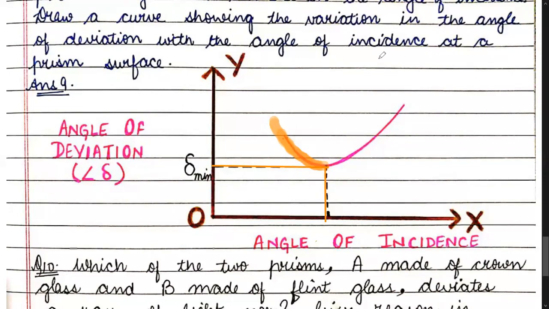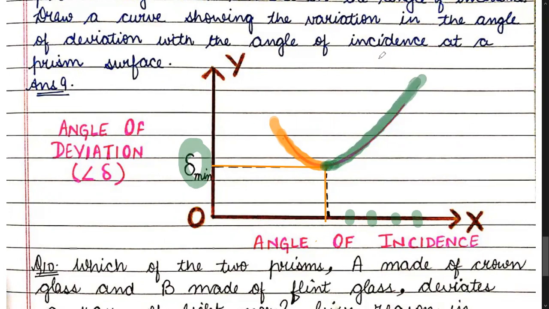And if you further increase angle of incidence after this point, now angle of deviation will not decrease. Rather, after a particular point known as minimum deviation, if you further increase angle of incidence, the angle of deviation starts increasing.